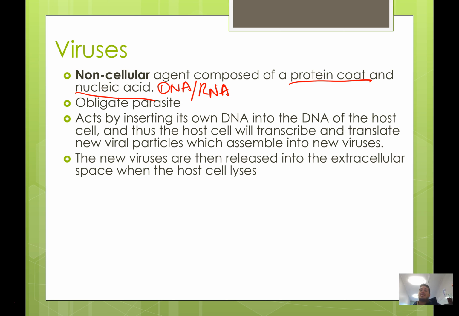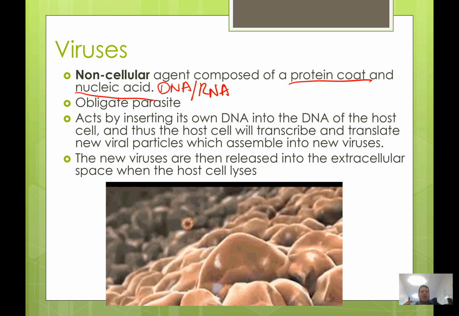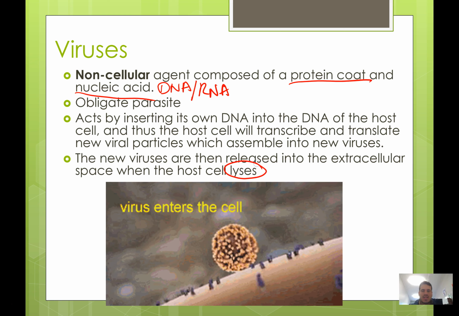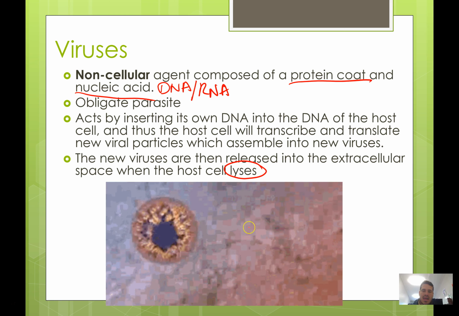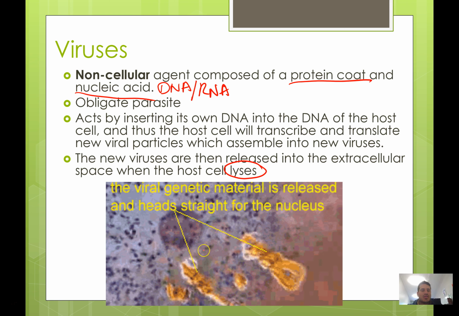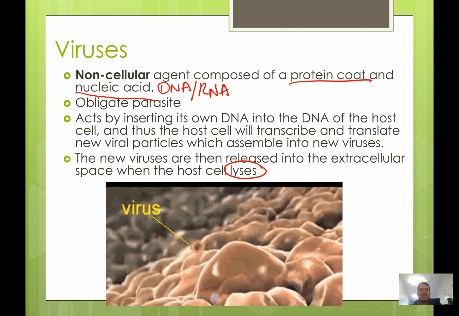Later on, these new viruses are released into the extracellular space when the host cell breaks, which is what lysis means. And watch this. This is a virus entering the cell. You can see there it fuses with the plasma membrane and enters the cell. This is the viral genetic material that's released. The other purple stuff was some proteins.